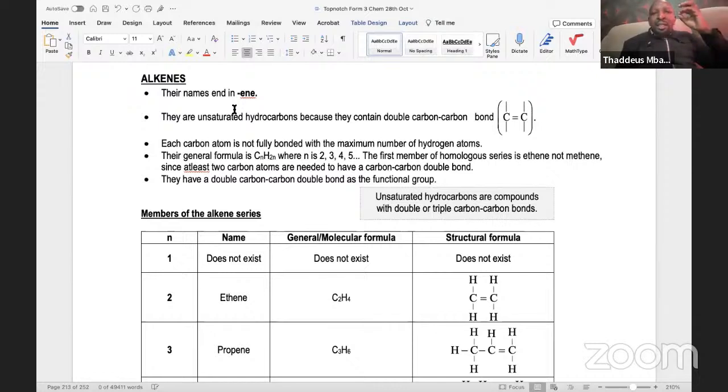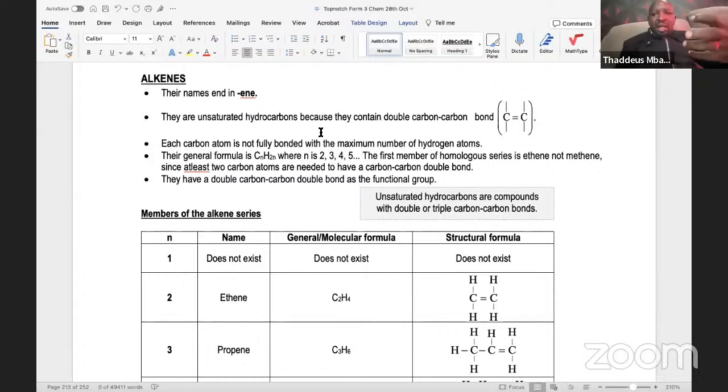When you see any organic compound whose name ends with "ene", it means it contains a double carbon-carbon bond. So they are unsaturated because they contain a double carbon-carbon bond.